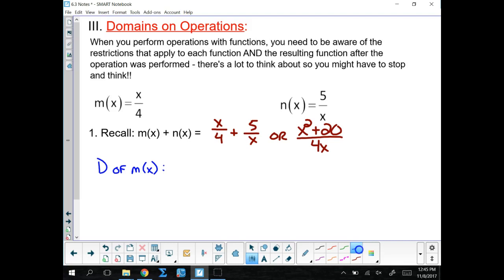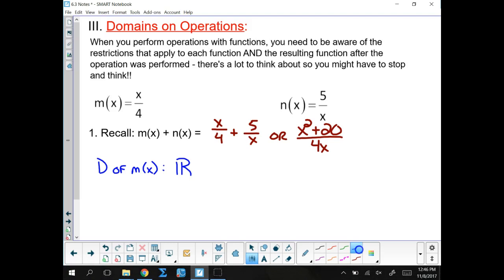Nope. Is there a fraction? Yes. What's my rule with fractions? Denominator can't be 0. Can 4 ever be 0? No. So there are no restrictions on this one. So far, I have no restrictions in my domain. Still all real numbers.